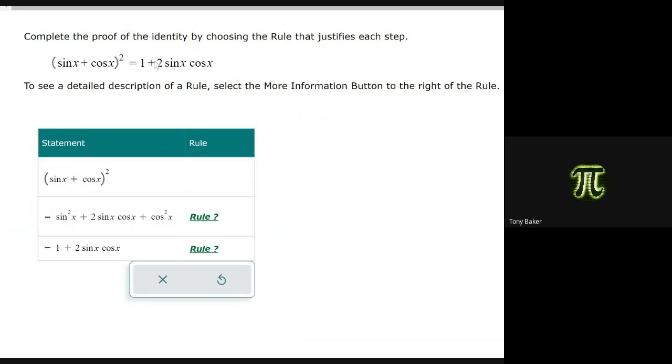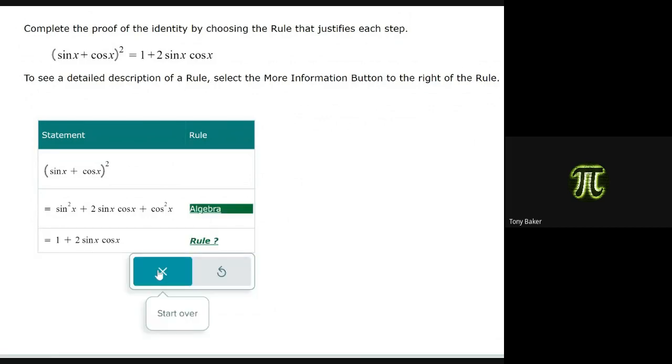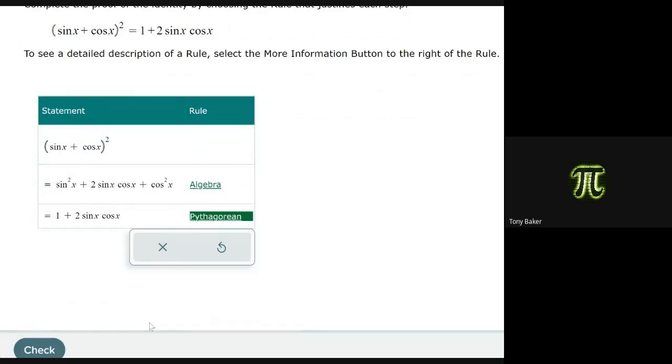Because we've used things that we've proven to be true before that point, there's no other way they can come up and say this is false. That's one nice thing about math. When we say something is true, it's always true. It will never change. So from there to there, we did algebra. From there to there, we did Pythagorean. That's what they're looking for in these problems: you telling me what they did to go from step to step.